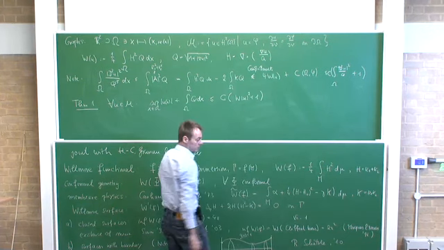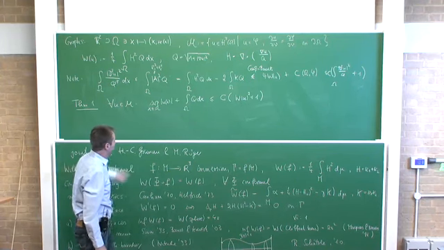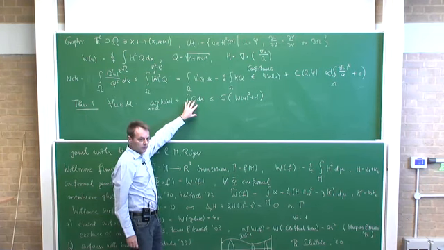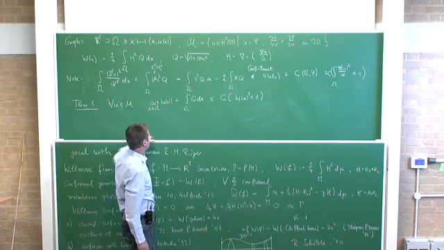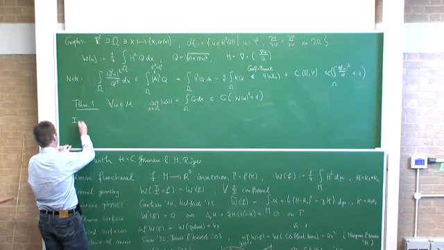And the constant depends again on omega and the boundary data. So this means in particular that you have control on the L1 norm of the gradient. I just want to show you the idea behind this.